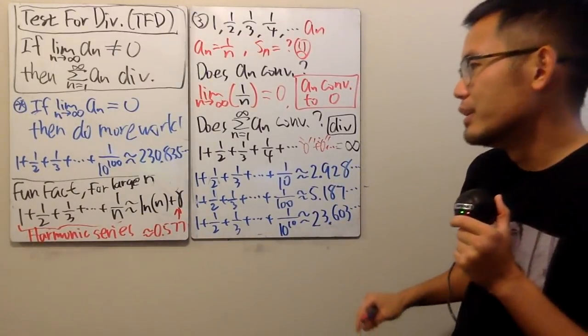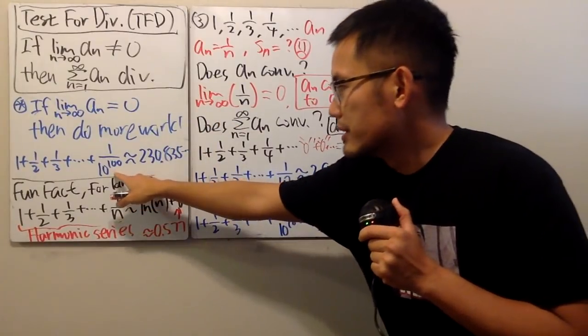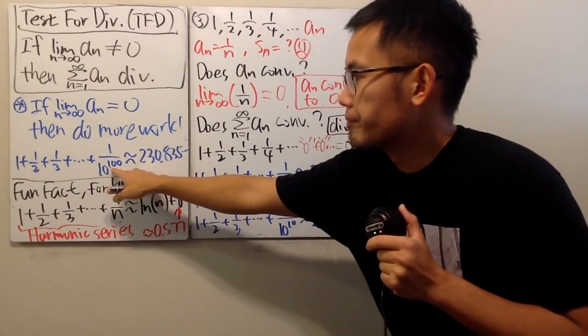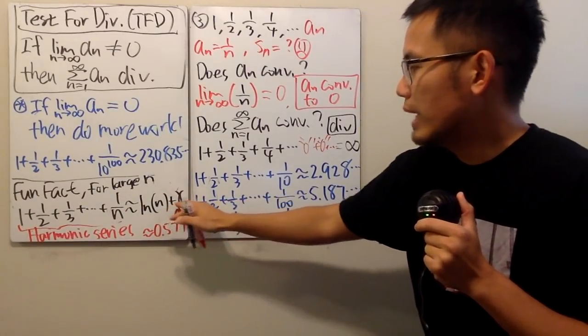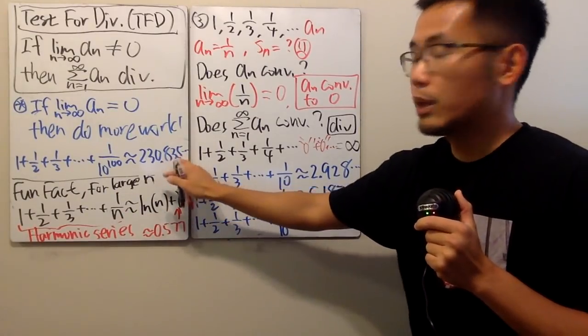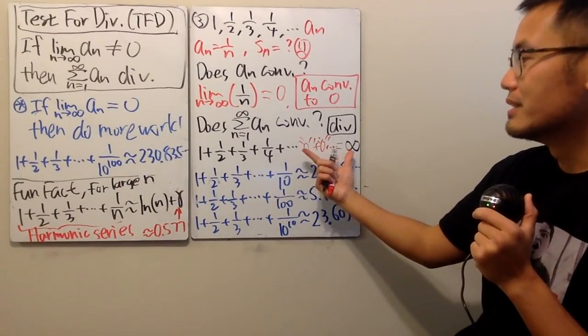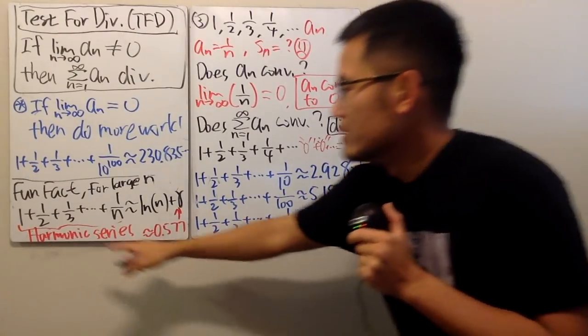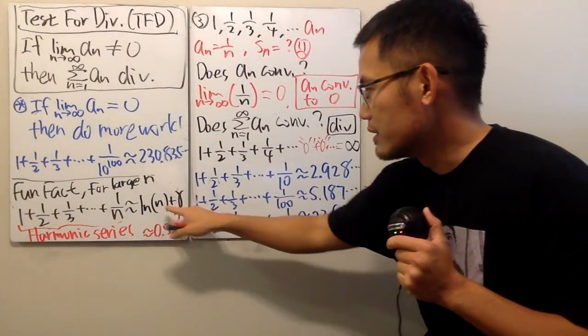So if you would like, you can go ahead and do the natural log of 10 to the 100th power, and then add 0.577, and you will end up with this, right? Another way to prove this is divergent is that, because you know this is approximately equal to this, put n to the power of infinity.